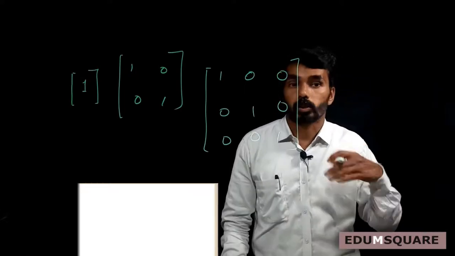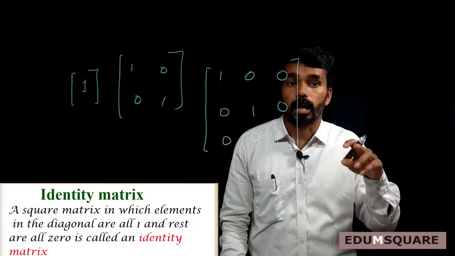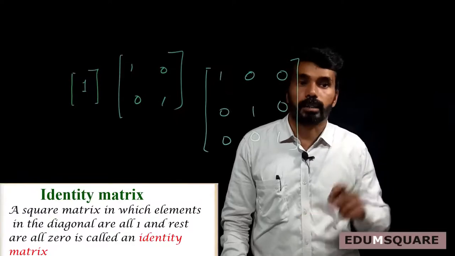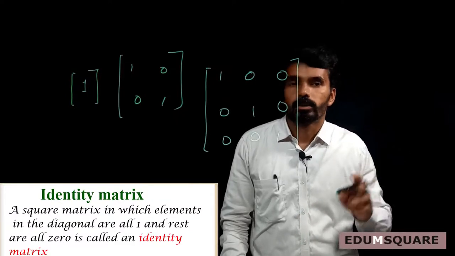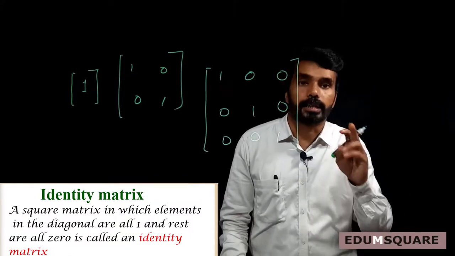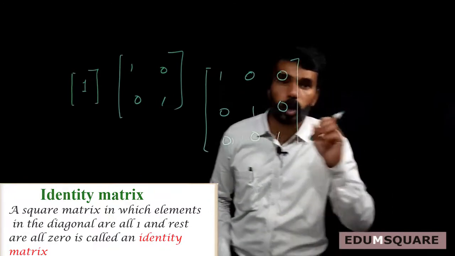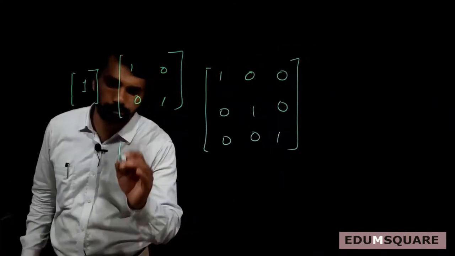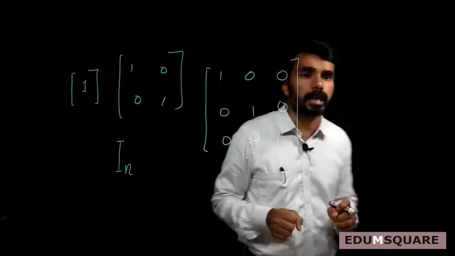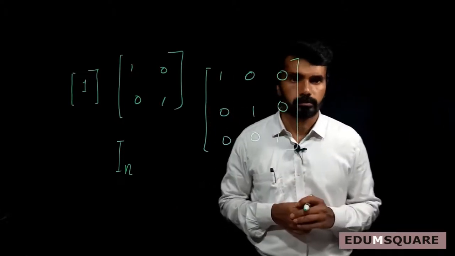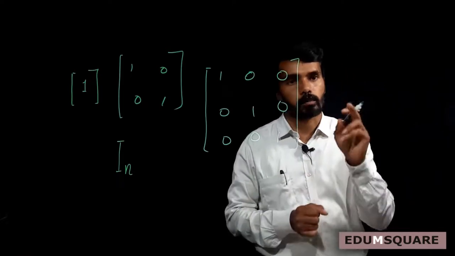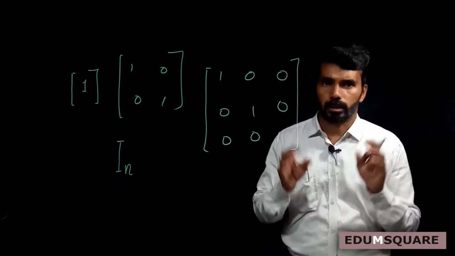So a square matrix in which the elements in the diagonal are all 1 and the rest are all zeros is called an identity matrix. We denote an identity matrix by the symbol I_n, and here this n indicates the order of the matrix. We have already discussed that the order of a square matrix is denoted by only one number.